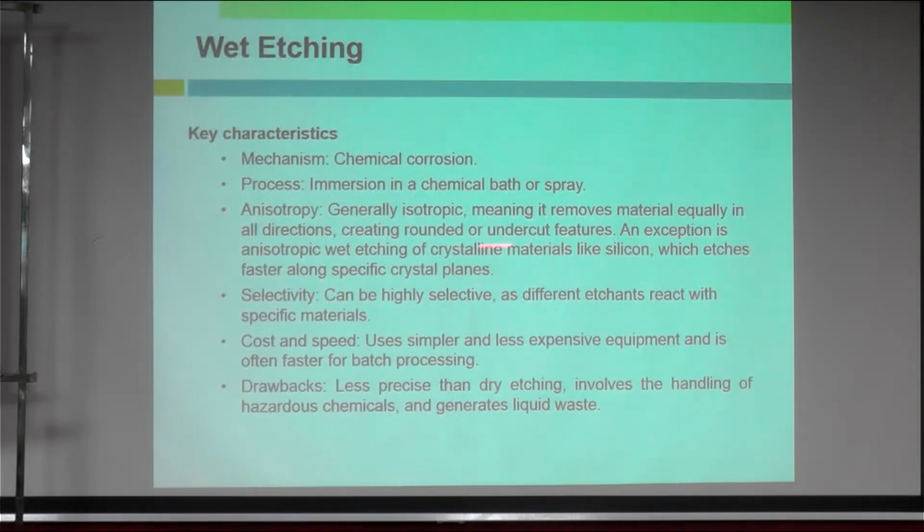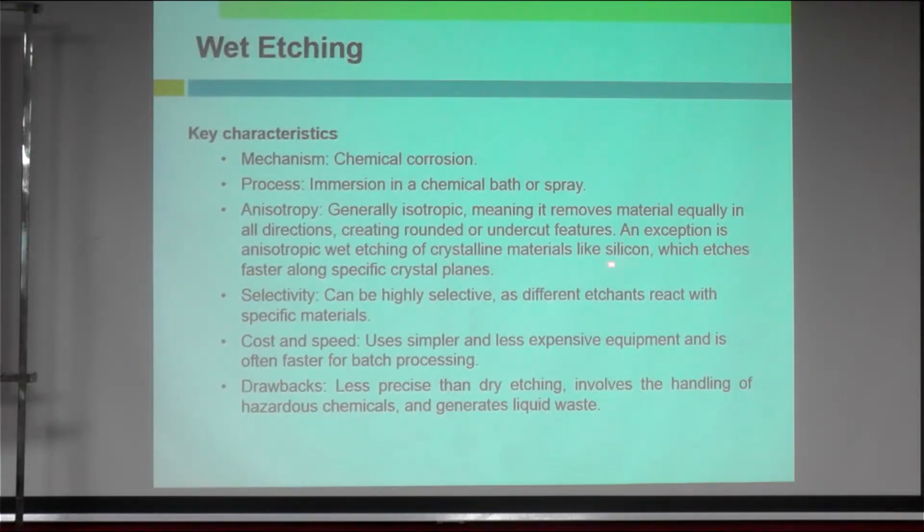An exception is anisotropic wet etching of crystalline material like silicon, which etches faster along specific crystal planes. If the material is not silicon, it will remove in all directions. But we know that silicon has a crystal direction, so even though it's still attacked, the rate might be different in certain orientations of the crystal.